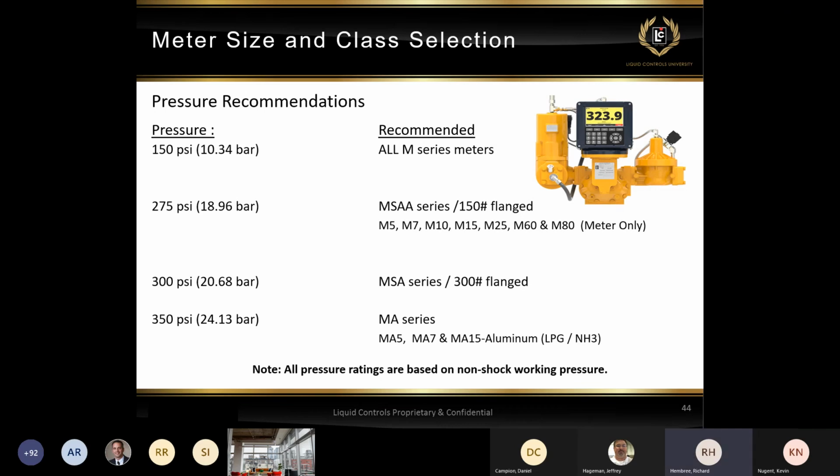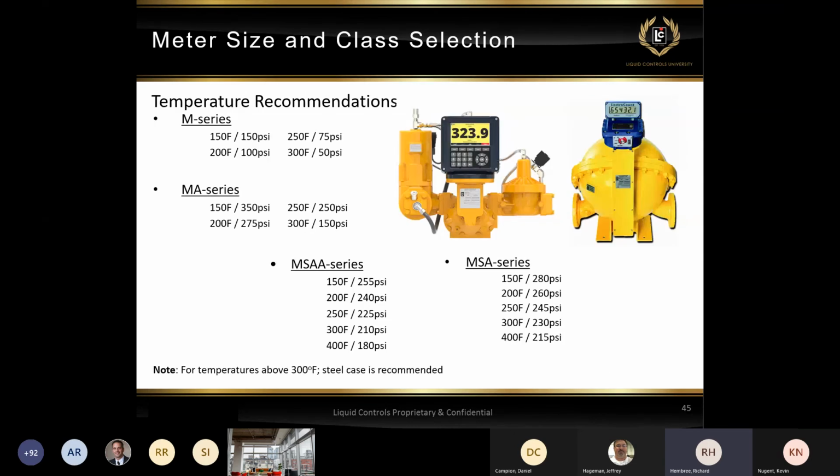And temperature recommendations, M series 150 degrees F is good for 150 psi. As the temperature increases, the pressure recommendation decreases. So at 300 degrees, the rating is only good at 50 psi.